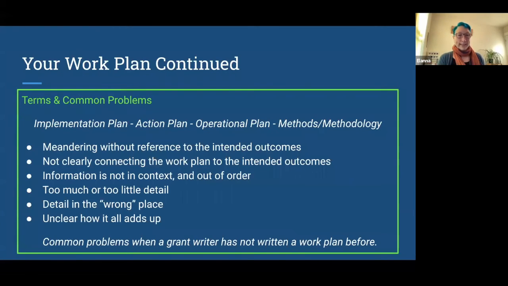Detail in the wrong place. Unclear how it all adds up. So all of this is going to lead someone reviewing your proposal from a foundation to feel a little confused and uncertain, and your proposal is more likely to be rejected if that confusion is happening.